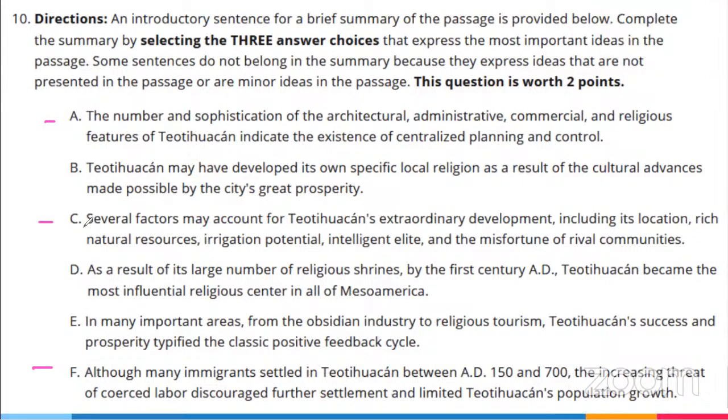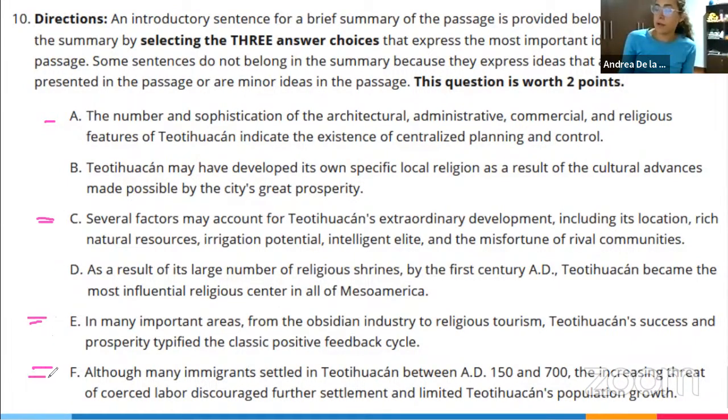Letter C, and E and F. Okay, E and F. Okay, guys, well, we'll see.